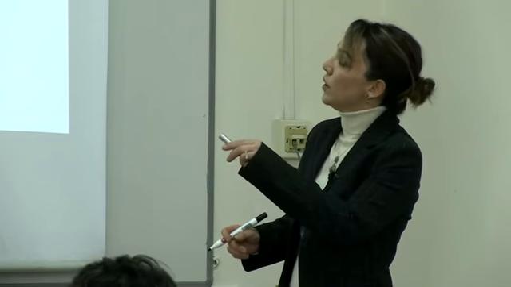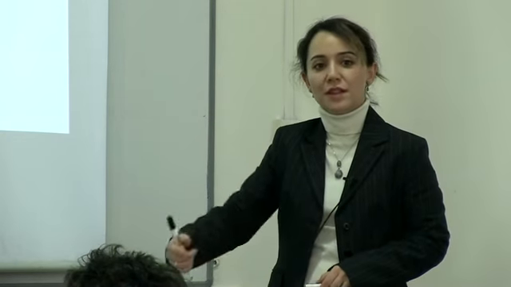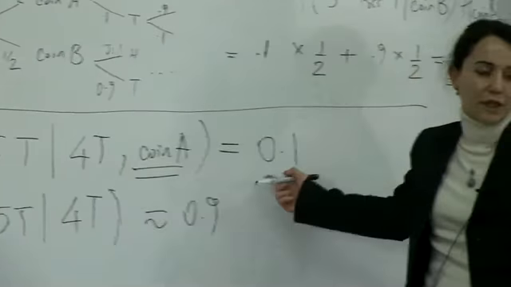Tosses are independent of each other when we condition on a particular coin, because we assumed that when you toss coin A, every toss results in heads with probability 0.9 independently of other tosses. So when we are given that it's coin A, nothing can change this probability anymore.